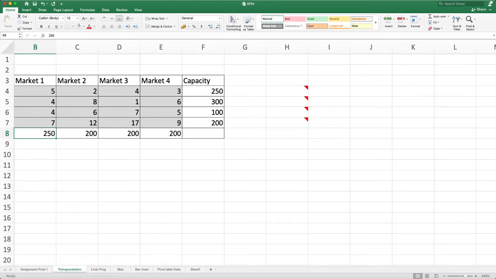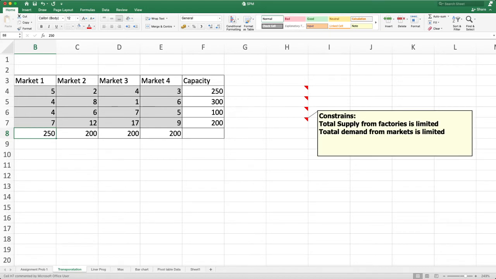The last thing to remember is the constraint. The total supply from a factory is limited, that is, the capacity of the factories is limited, and the total demand from a market is also limited. If the factory produces more than the demand, that will also affect the factory.